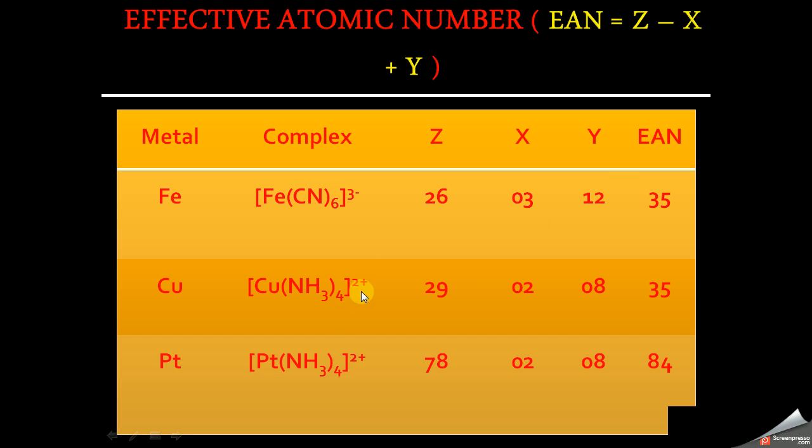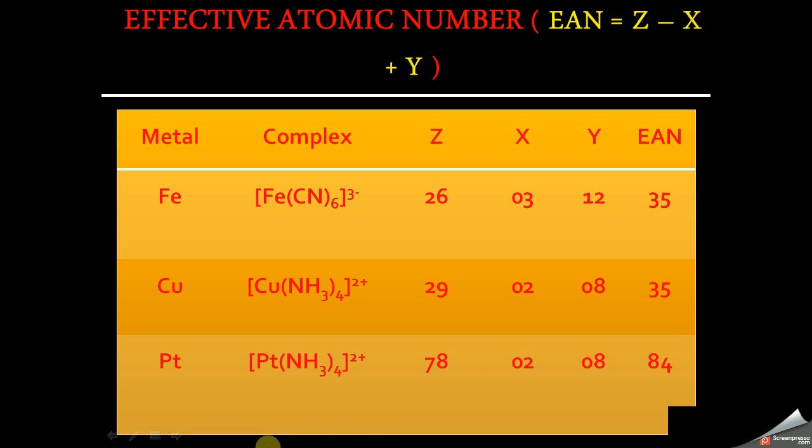Copper in [Cu(NH3)4]2+, copper atomic number 29, X is 2, 1 NH3 donates 2 electrons, 4 donate 8, so 29 minus 2 plus 8, 35. And Pt in [Pt(NH3)4]2+, the atomic number of platinum is 78, X is 2, 4 ammonia donate 8, 78 minus 2 plus 8, 84.